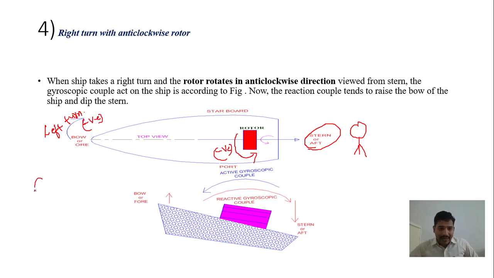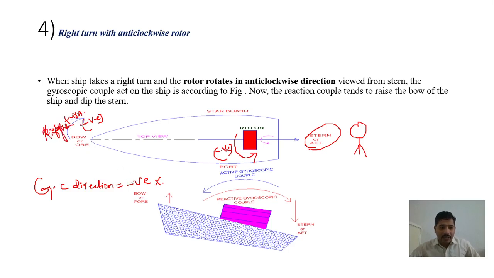Is it right? The gyroscopic couple direction for a left turn is negative, as well as the rotor rotating in anti-clockwise direction, again it is negative. Sorry, it is rotating in the right direction. Sorry, that is the right turn.